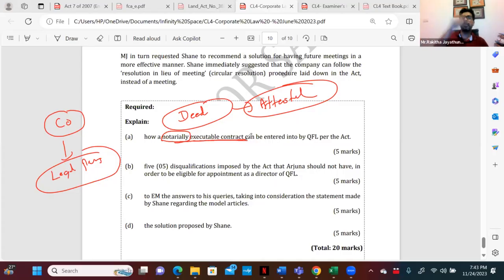So if a company is buying a land, or if a company is selling a land, what is the procedure? Now, if I am buying or selling a land, I can sign the deed of transfer because I'm an individual. I have a signature. But if the company is selling a land, can the company sign?